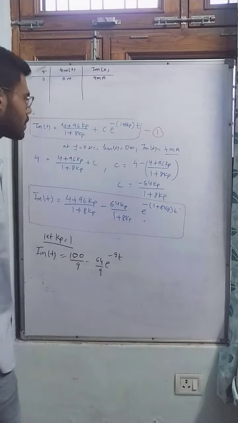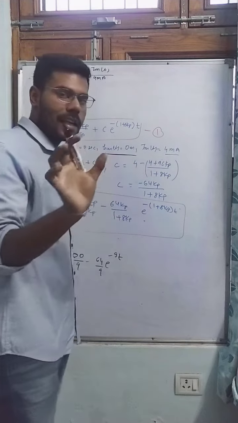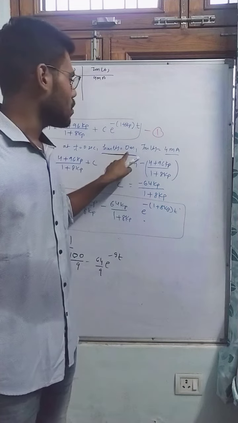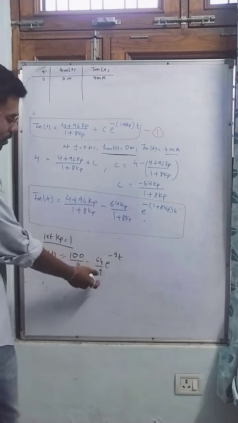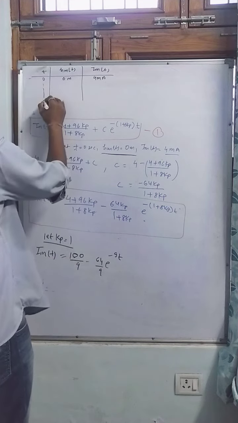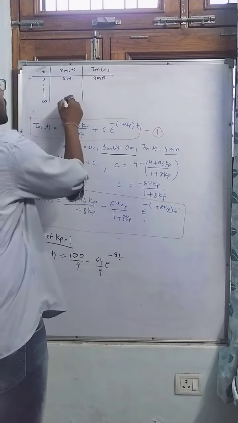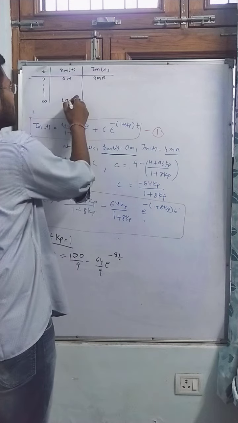Was it the case? Look, we assumed by that linear equation that at t equal to 0, HMT was 0 and we found IMT was 4 milliampere. And by solving this equation, you are also getting 4 milliampere. Now, at t equal to infinity, I am considering that the tank is filled.